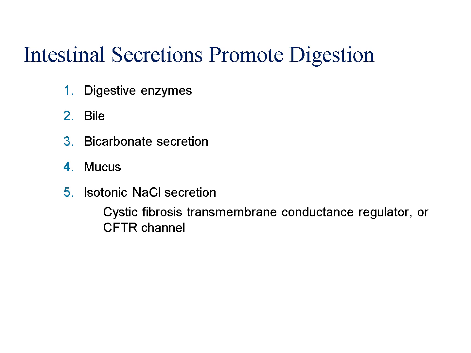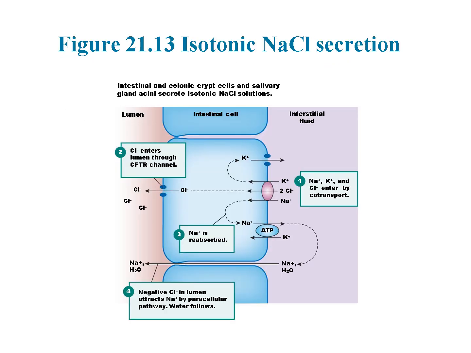Together, these secretions create an environment that optimizes digestion and absorption, allowing the body to efficiently process food while maintaining intestinal health. The secretion of isotonic sodium chloride solution plays an essential role in maintaining fluid balance in the intestinal tract. This process ensures that digestive contents remain hydrated, aiding in nutrient absorption and the movement of material through the intestine.